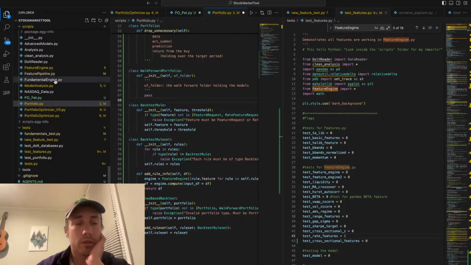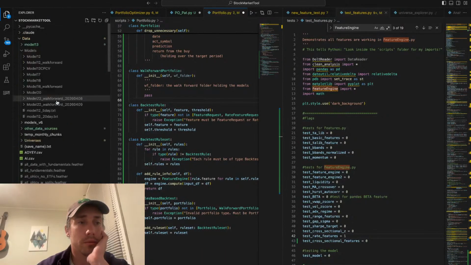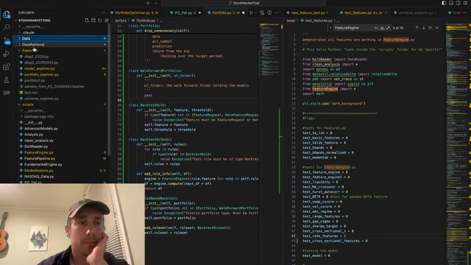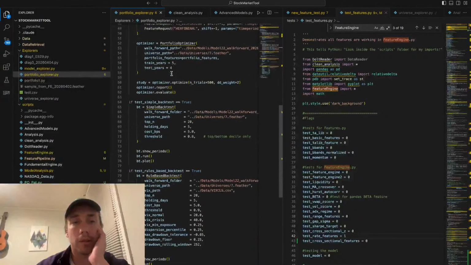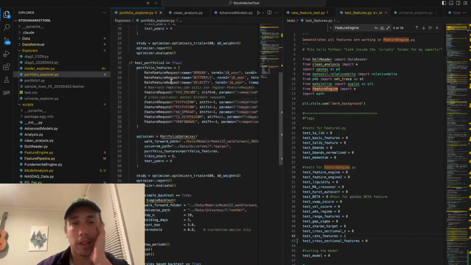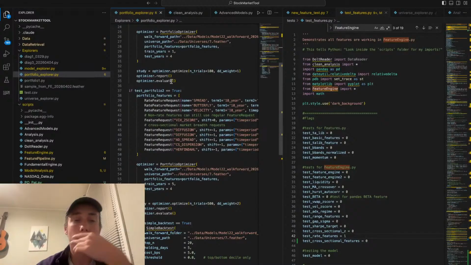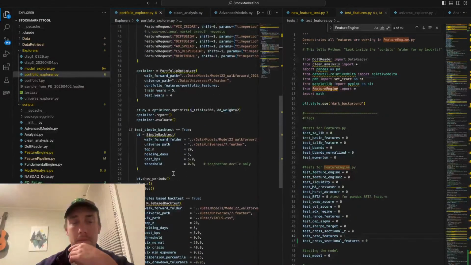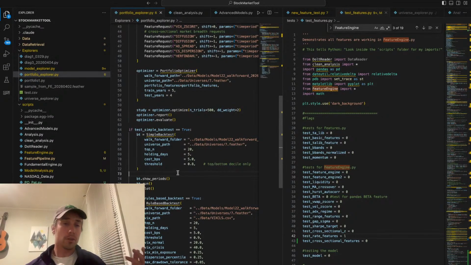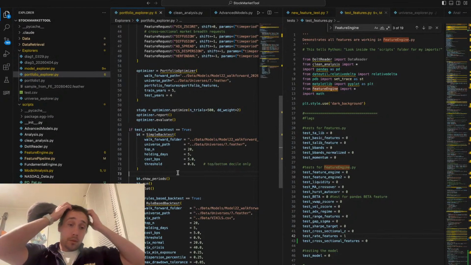If I go to Portfolio Explorer, yeah, so I made this run simple backtest. This is basically going through, and it's weighting, so it's basically trying what my portfolio model is trained on.